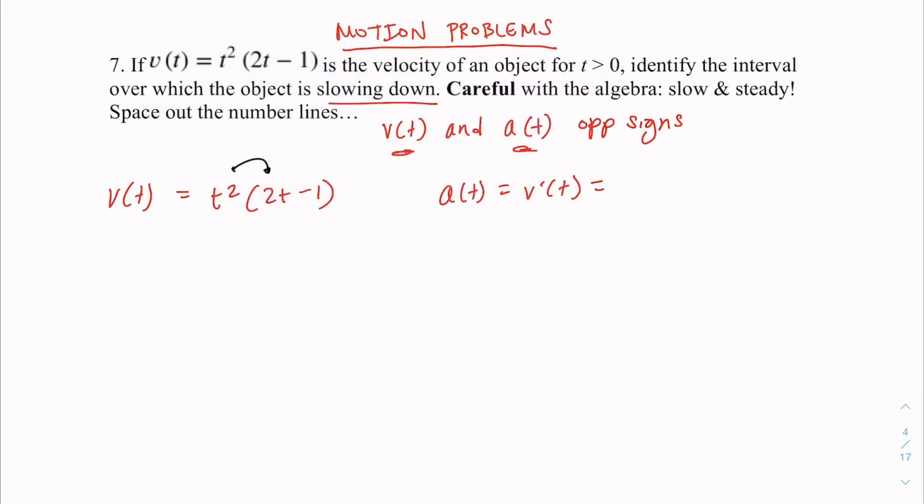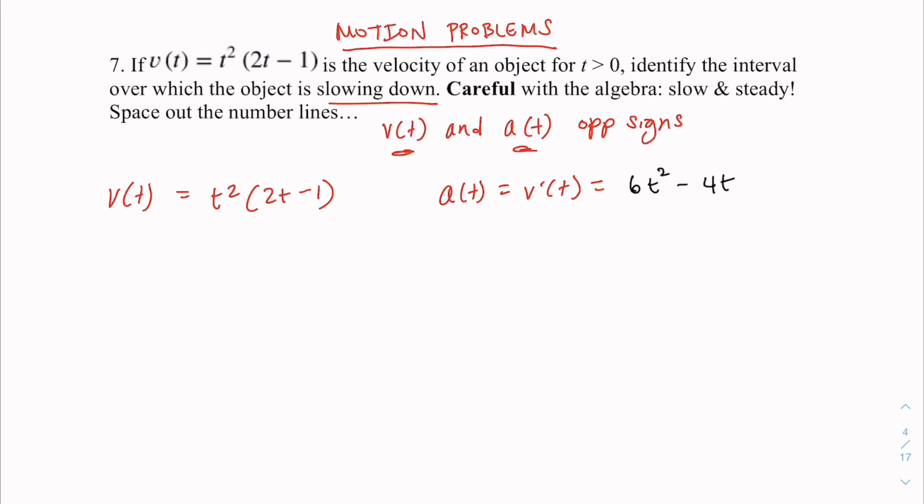If I just distributed this, then I know that that's going to be 2t cubed minus t squared, and I can take the derivative of that, which would be 6t squared minus 4t. Okay, so now I have v of t and a of t.